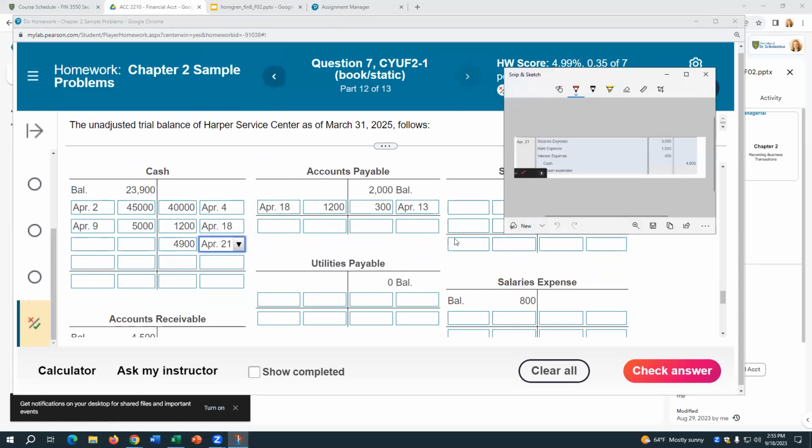Let's see, salaries, rent, and interest. So 3,000.